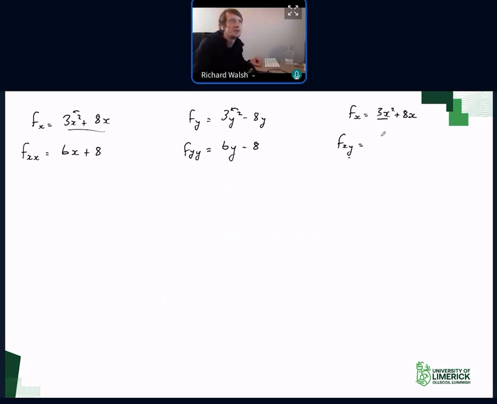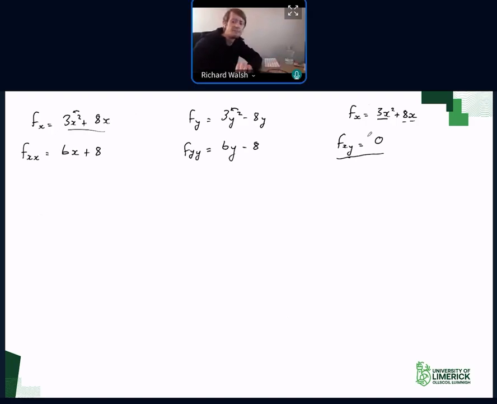So 3 times some constant squared, differentiate that, you get 0. I'm treating that like 3 times 4 squared. Differentiate 8 times 4, you would also get 0. So the mixed partial derivative is just 0. Okay, so there are the second partial derivatives.